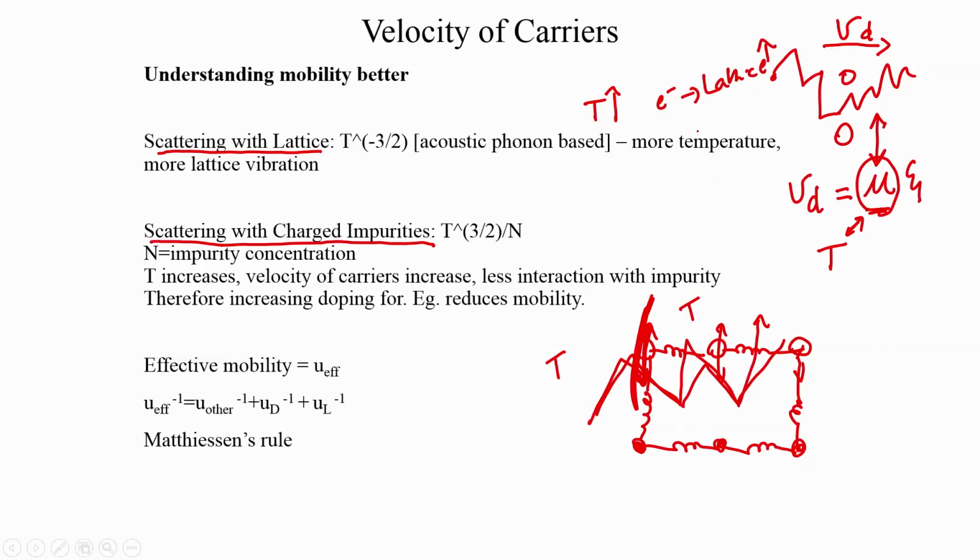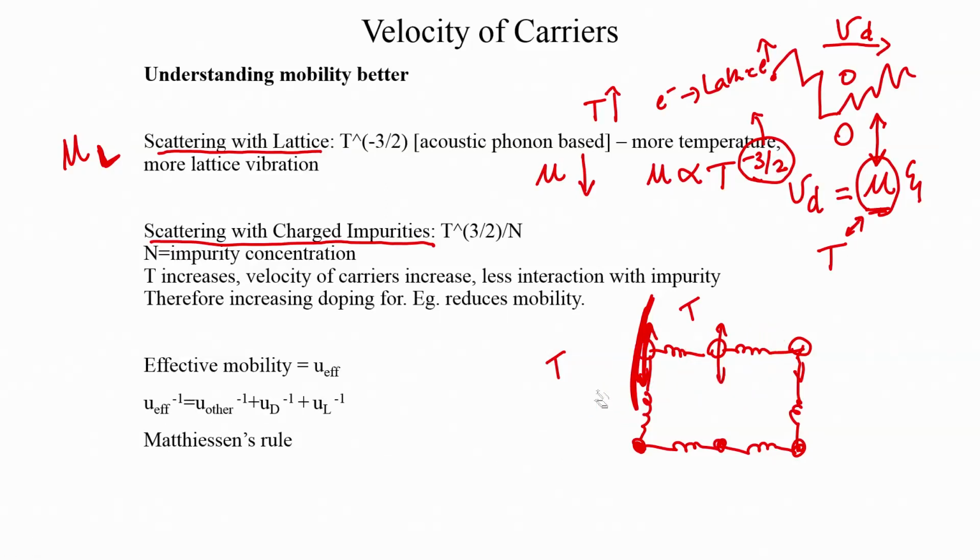If one were to define a mobility, or the drift velocity of the carriers in response to the electric field, due to lattice scattering alone, we will find that the mobility decreases with temperature. That relation is approximately given as mu proportional to T to the power minus 3/2. Of course, in reality, we want to extract this coefficient in a more empirical manner.